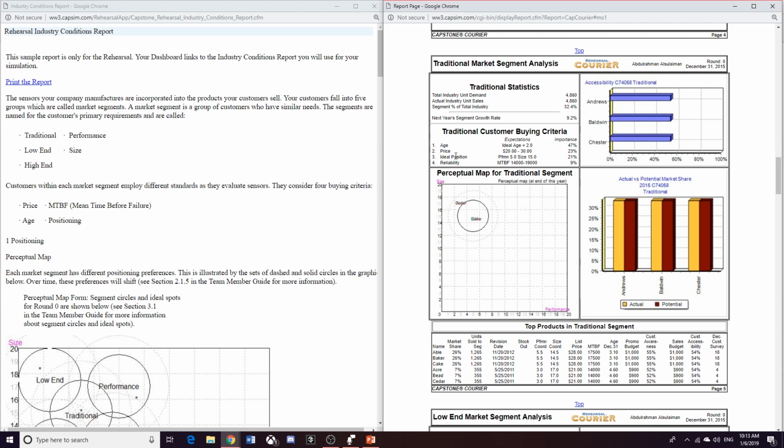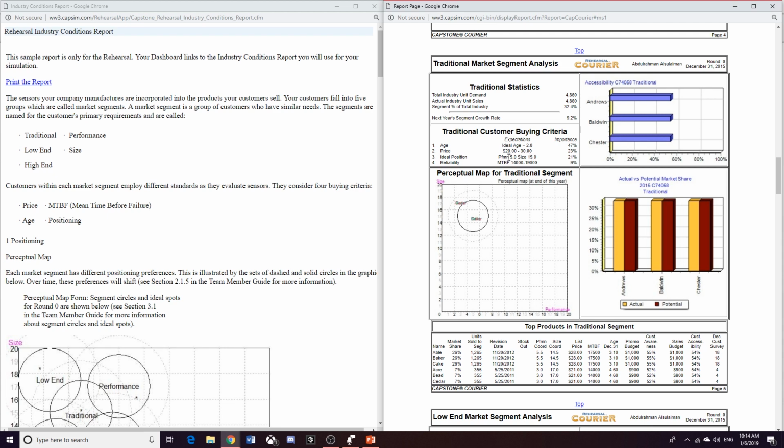And then ideal position. This is basically the specifications of the product, how the product is designed. The customers want a specific design. They need a performance of 5.0 and a size of 15.0.